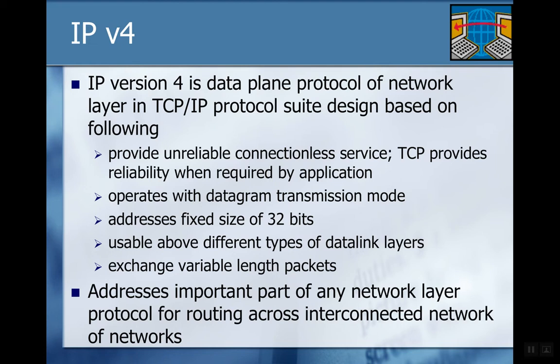With 32 bits, there was a limitation of about 4 billion or so addresses on the internet, which was seen at one point in time to be a large number. As we've discovered, we've gone above 4 billion.